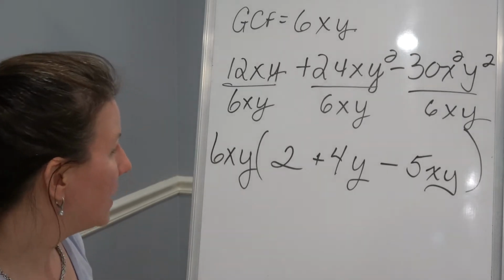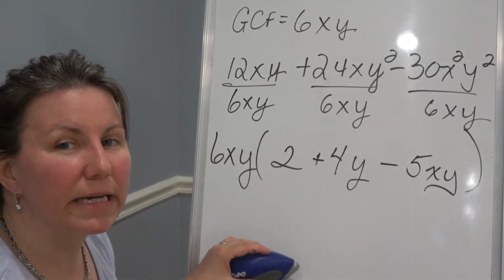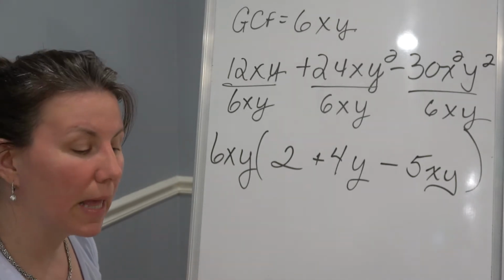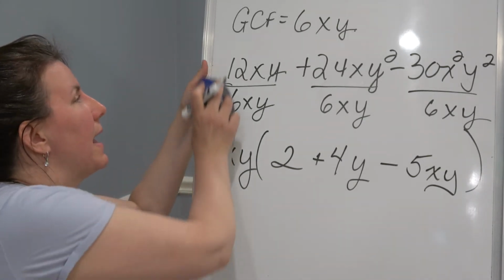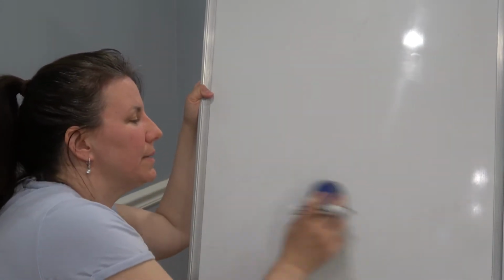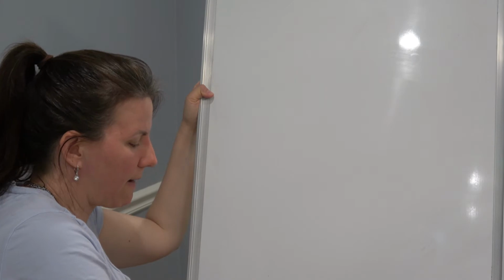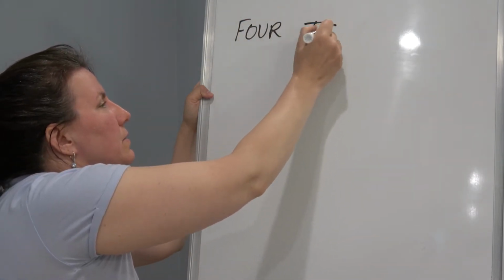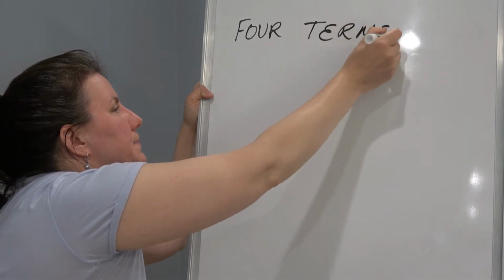Okay. So this is taking out a greatest common factor from all terms in the given polynomial. Now that doesn't always happen. You can't always take something out. There are some instances that when you have 4 terms, you can do something called grouping.